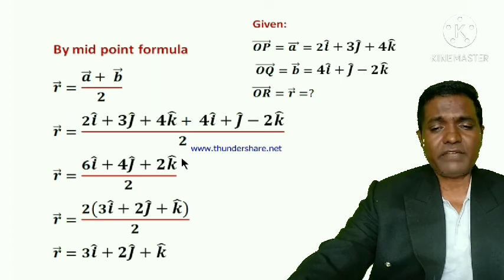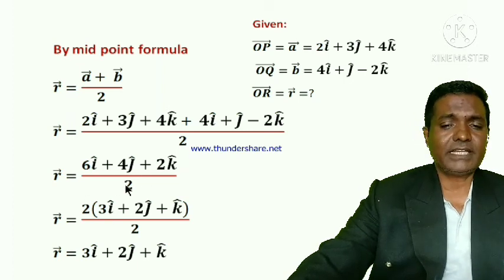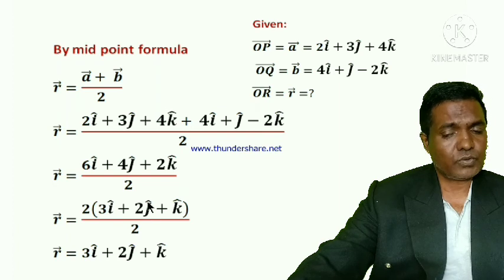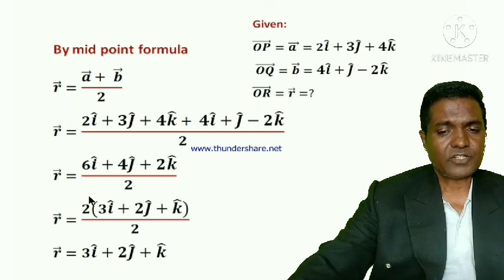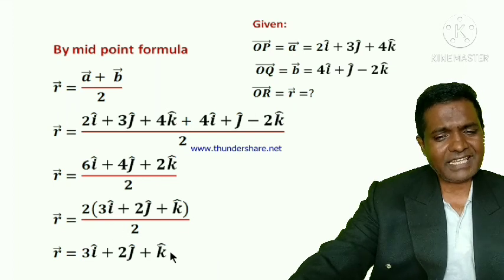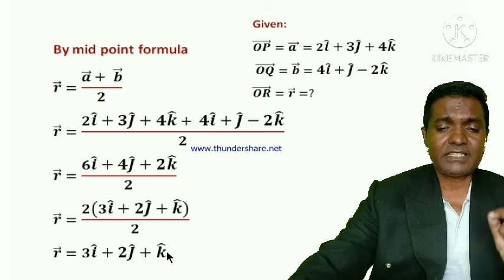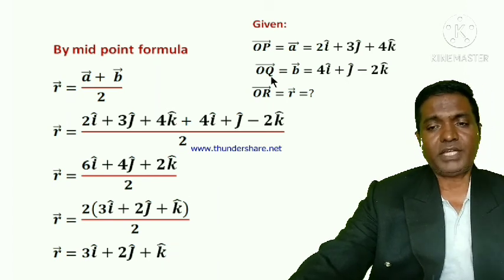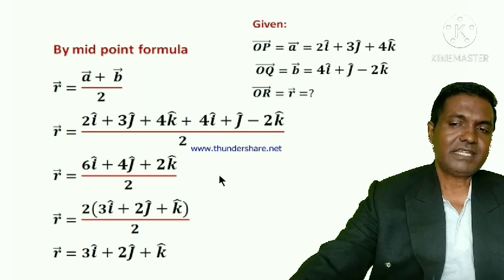From these, if anything is common, take it out. 2 is the common thing here. After taking 2 common, you are left with 3i cap, 2j cap, and only k cap. Now the 2s get cancelled, and you are left with only this. So this is the required position vector of the midpoint of the vector joining P and Q.